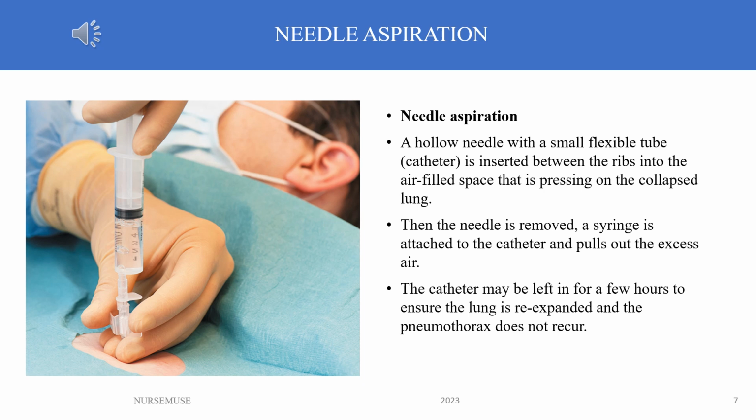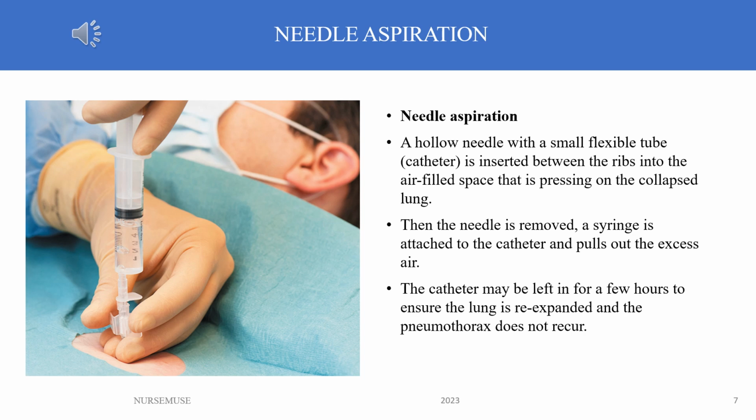What is needle aspiration? Needle aspiration, here's a picture for you on the left. A hollow needle with a small flexible tube, it's called a catheter, is inserted between the ribs into the air-filled space that is pressing on the collapsed lung. Then the needle is removed, a syringe is attached to the catheter and pulls out the excess air, and the catheter may be left in for a few hours to ensure the lung is re-expanding and the pneumothorax does not reoccur.